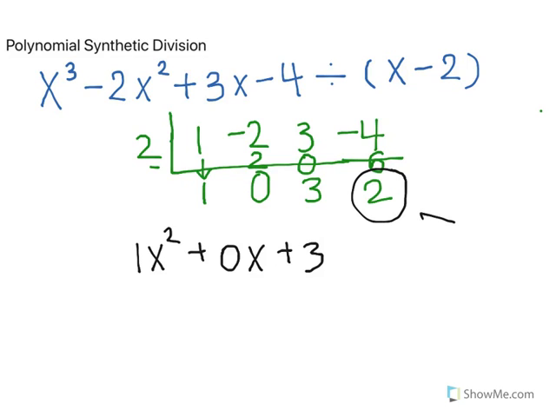In our case, we have a remainder, but like I said earlier, if your remainder is 0, you do not need to write it down. And so, this is the answer. X cubed minus 2x squared plus 3x minus 4 divided by x minus 2 is x squared plus 3 with a remainder of 2.